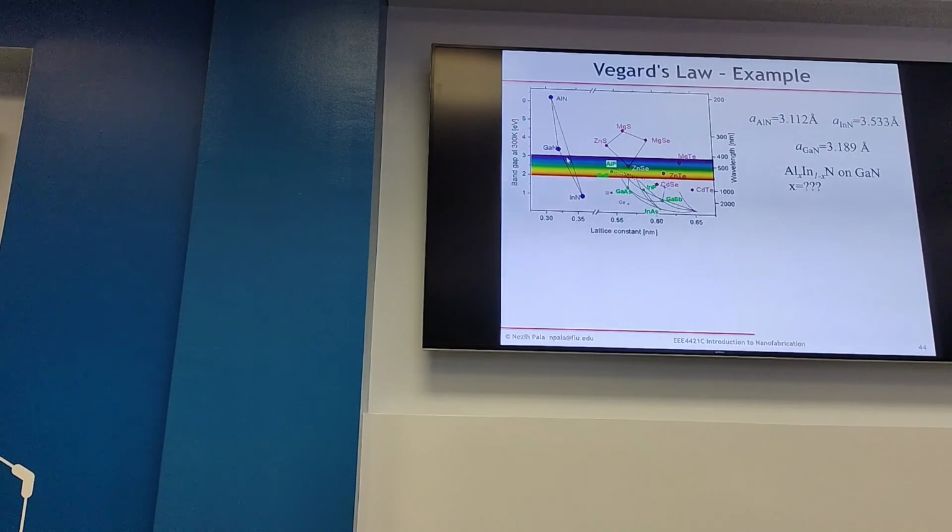So what people developed is growing gallium nitride on sapphire or silicon carbide. And if you want to grow other compositions of gallium, indium, and aluminum, so you can grow something like aluminum indium nitride or gallium indium nitride, then you can select the composition to have the best lattice constant match to the substrate, whatever you are growing. Okay.